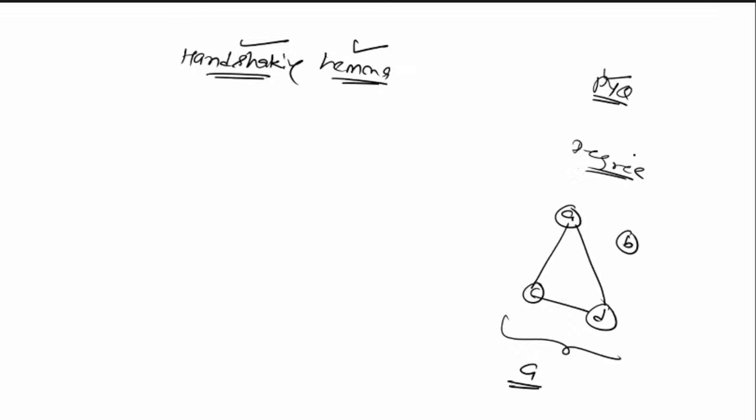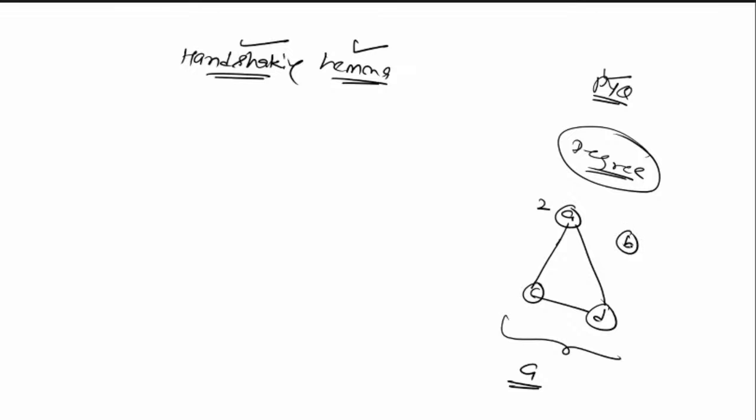In this graph, what is the concept of degree? The concept of degree is very simple. The number of edges incident on a vertex is the degree of that vertex. For example, on vertex A there are two edges incident, so the degree of vertex A is 2.